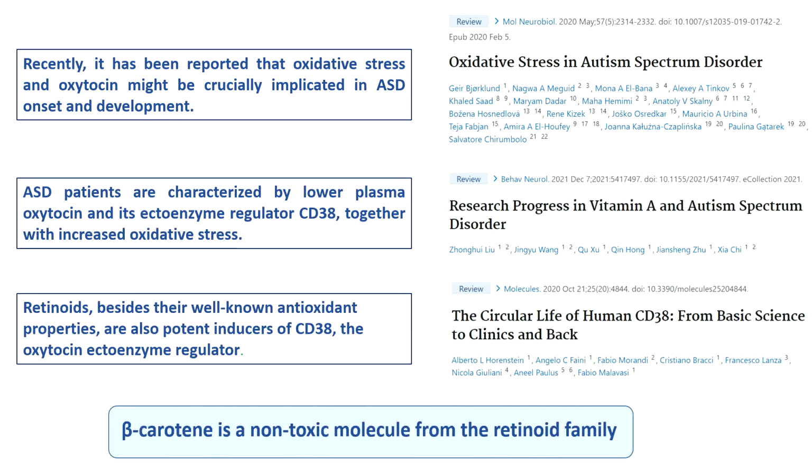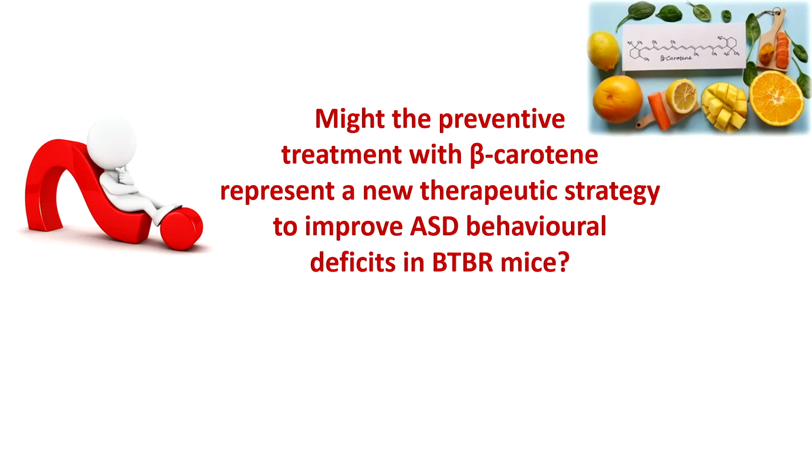Because it has been shown that in ASD patients, we find lower plasma oxytocin together with oxidative stress. So we tried at least to improve the behavioral impairment that we have seen in BTBR mice.